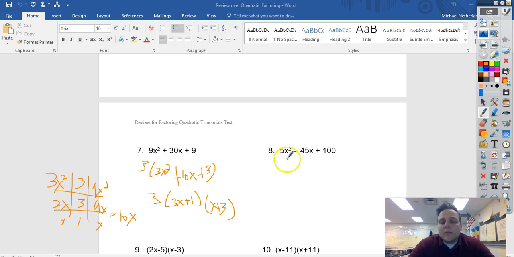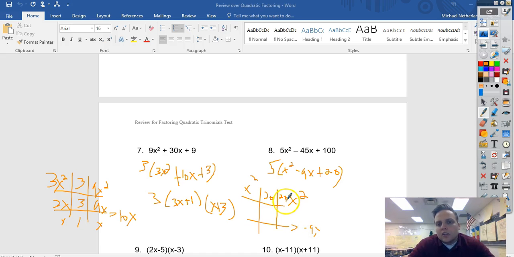Okay, go on to trying number 8 on your own. So hopefully you're just now unpausing the video and you have number 8 completely done and you're only watching it to verify you got it correct. Well, you started off pulling out a 5, hopefully, and then you went to tic-tac-toe and you put x squared here, you put 20 here, multiplied the two to get here, which is 20x squared. You put negative 9x over here, and then you used two numbers that multiply to 20.